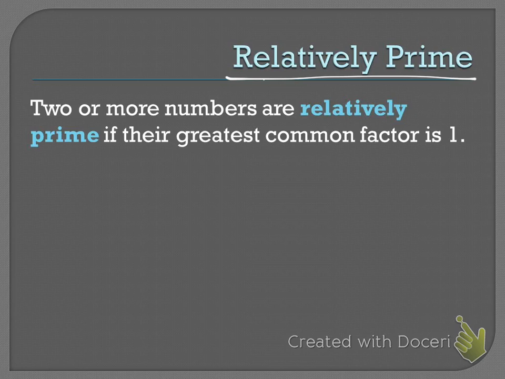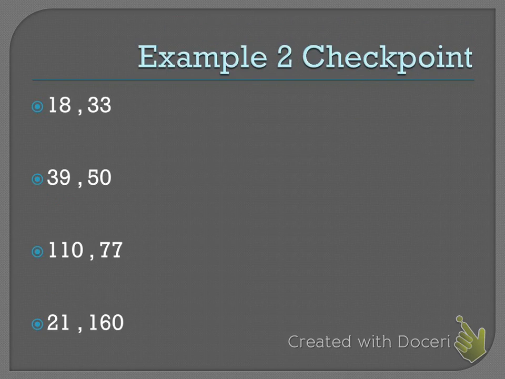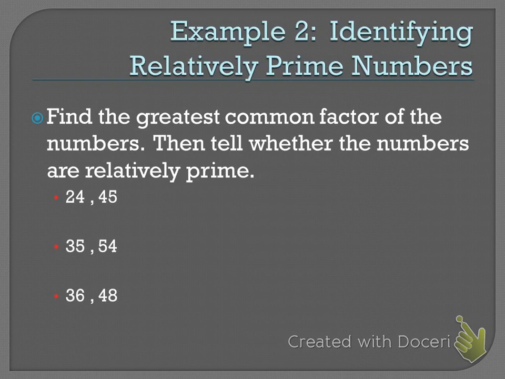All right, so let's do some more factoring, prime factorization to find the GCF. I'm going to need a little more room than that. Okay, let me come over here to my other slide. Okay, so now I'm going to do the prime factorization of 24 and 45 to find my GCF.